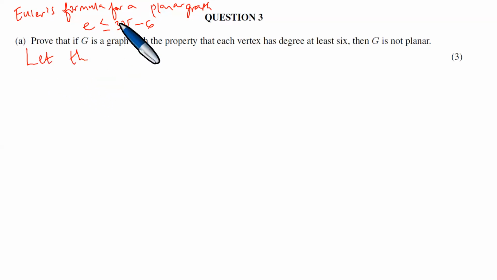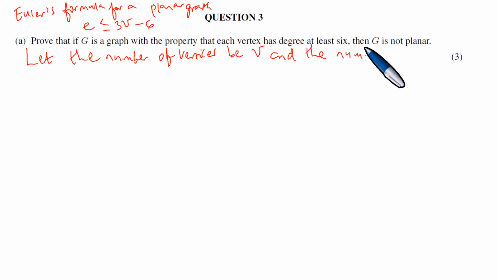We define the symbols: let the number of vertices be V and the number of edges E. We want to prove that the graph G is not going to satisfy this, because if it's planar, the number of edges must be less than or equal to 3 times the number of vertices minus 6.